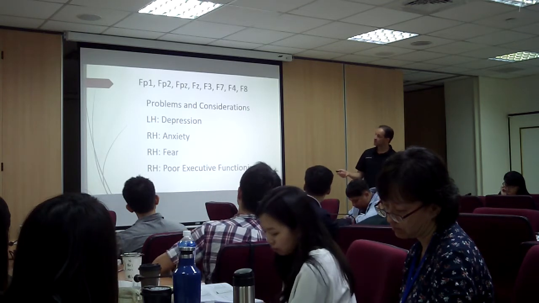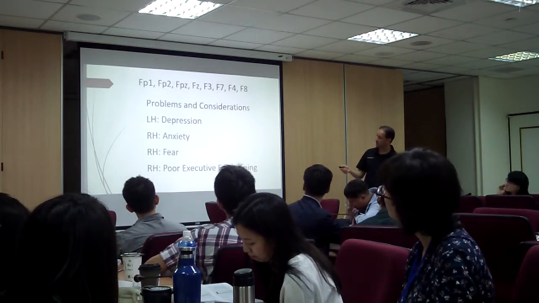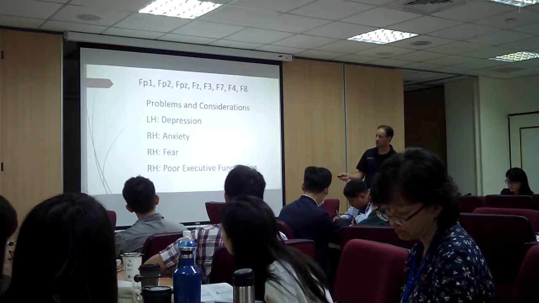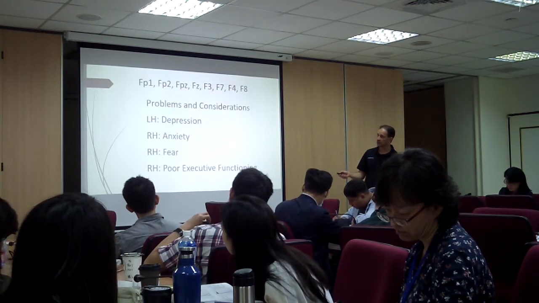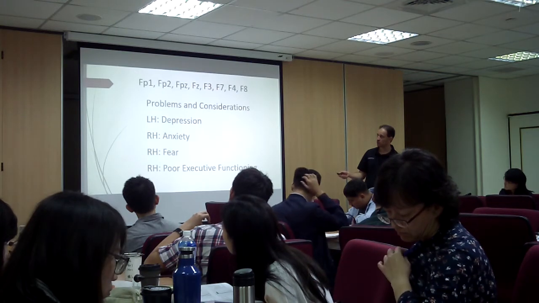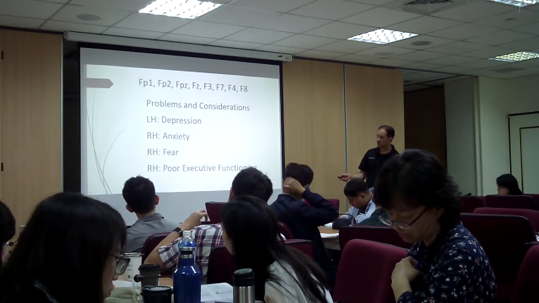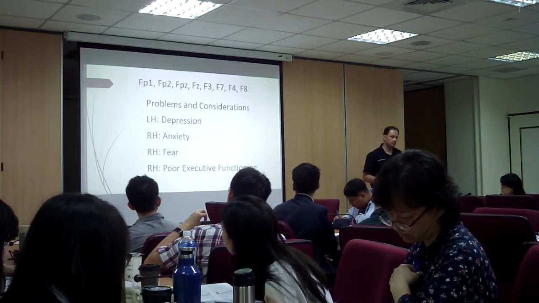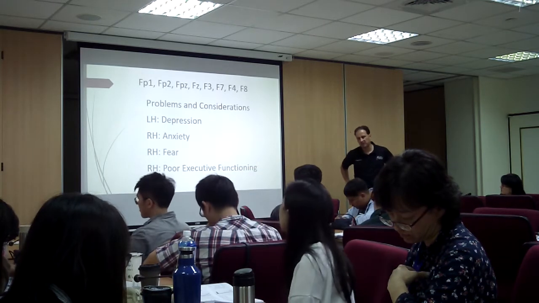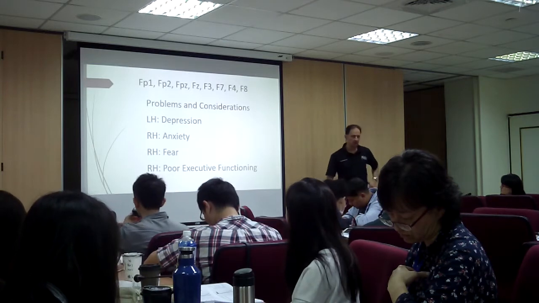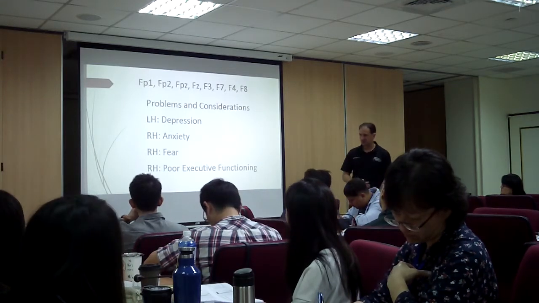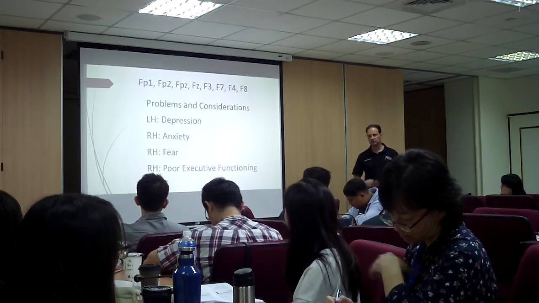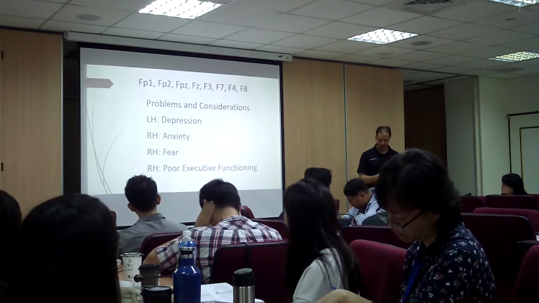So what problems and considerations do we need to have with the prefrontal cortex? On the left side, depression; on the right side, anxiety. More activation on the left hemisphere is more depression-like. Activation on the right hemisphere is more anxiety-like. Okay? Especially social anxiety, being withdrawn, not wanting to hang out with people, having few friends, choosing to stay at home alone because it's too much to talk to people, things like that.